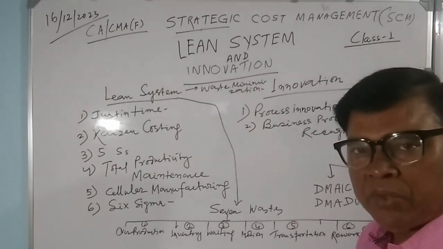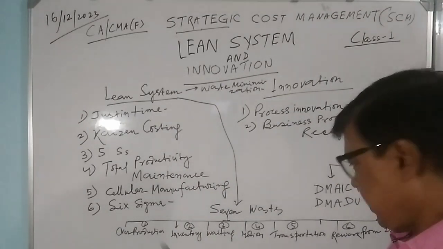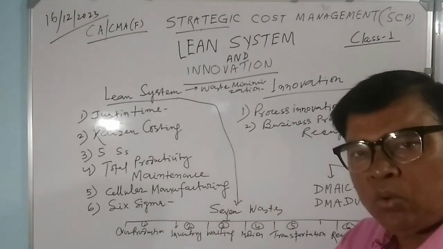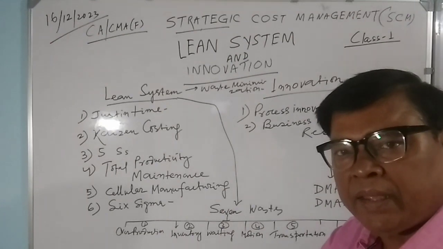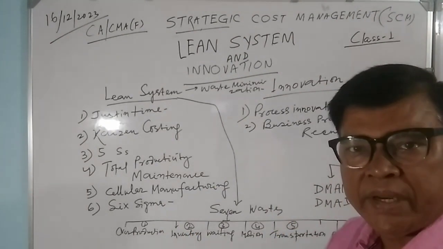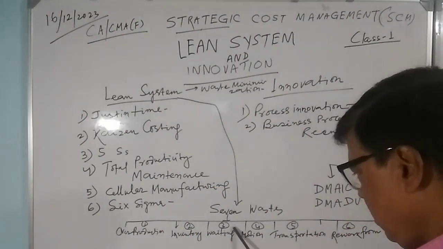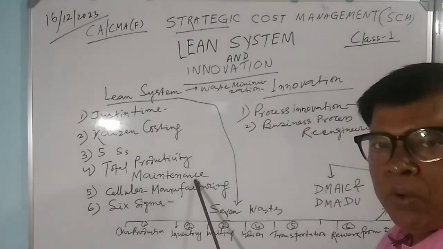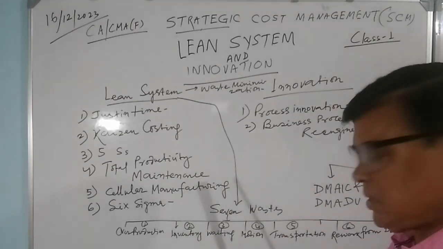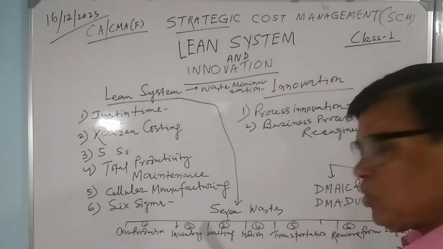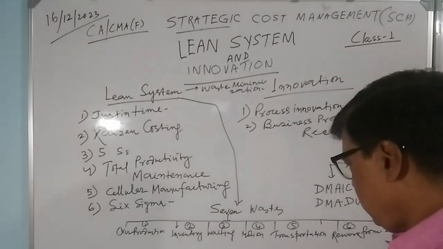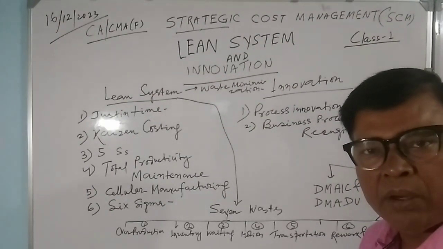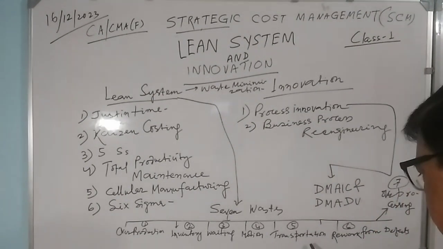We will be going through one of the important techniques, just in time, where immediately you have to get things done. No waiting, no queue. Process 1 completes the product, then process 2, process 3 follow. Then motion: unnecessary motion involvement you have to avoid.